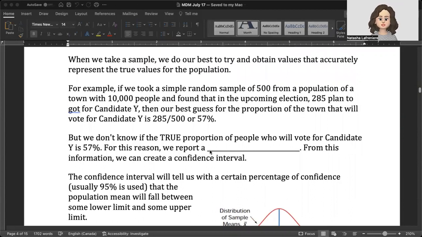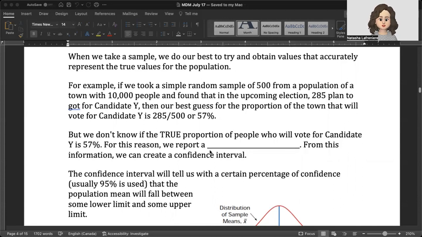So for example, if we took a simple random sample of 500 from a population of a town of 10,000 people and found that in the upcoming election, 285 plan to vote for candidate Y, then our best guess for the proportion of the town that will vote for candidate Y would be the 285 out of 500, or 57%.